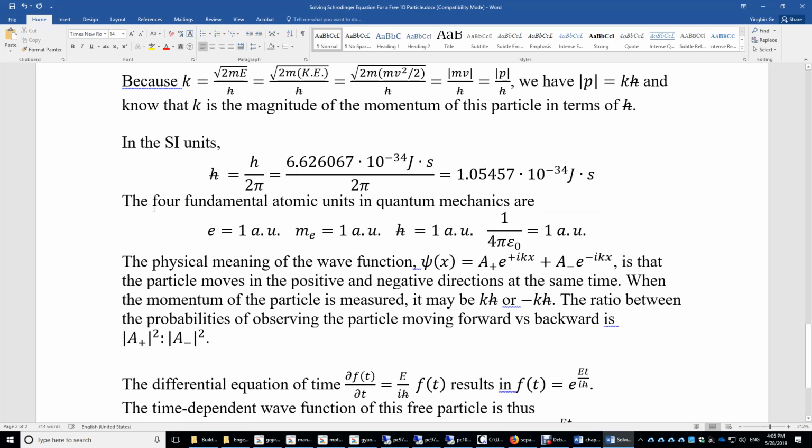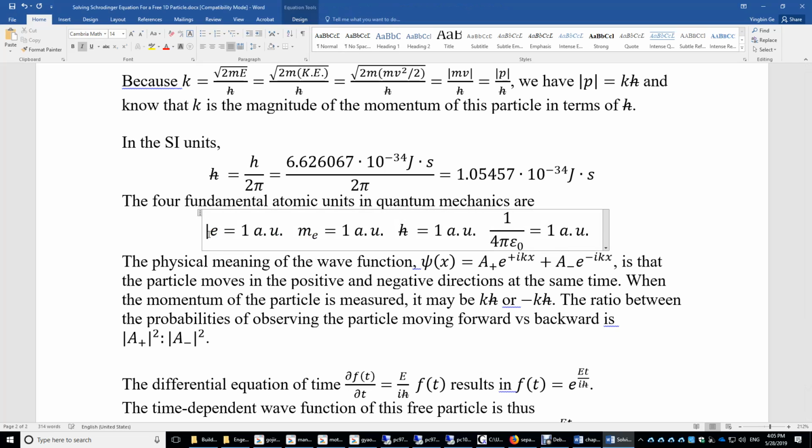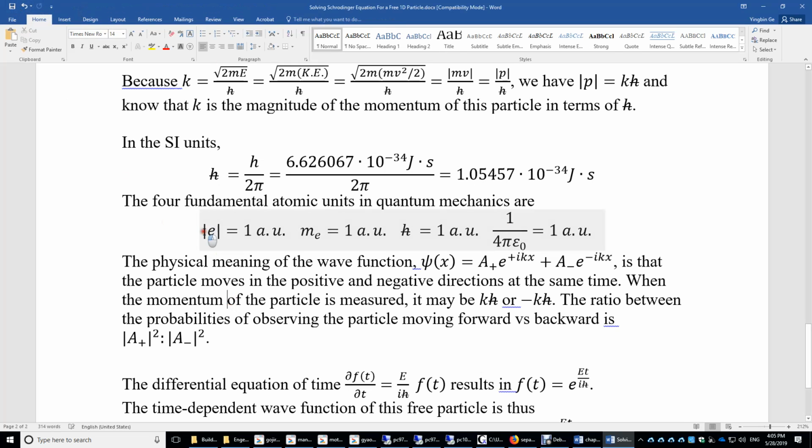The four fundamental atomic units are: the charge of the electron is 1 atomic unit, the mass of the electron is 1 atomic unit, the value of h bar is 1 atomic unit, and 1 over 4 pi epsilon, the electric constant, is 1 atomic unit. To avoid ambiguity, we should say the absolute value of the charge of the electron is 1 atomic unit.